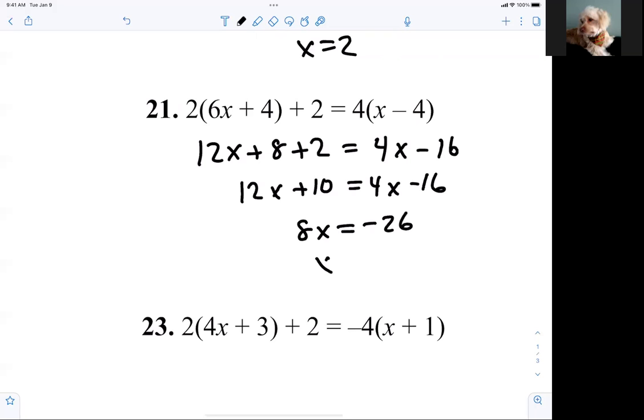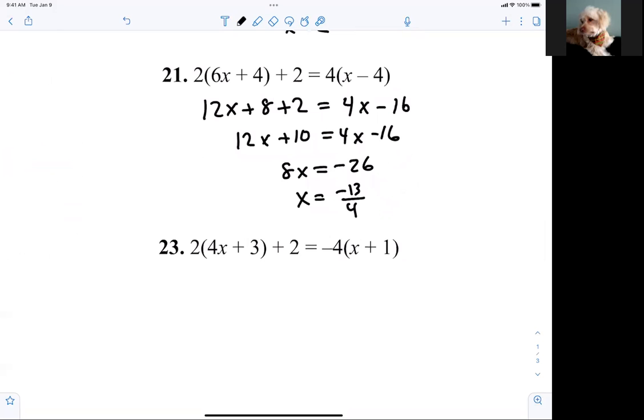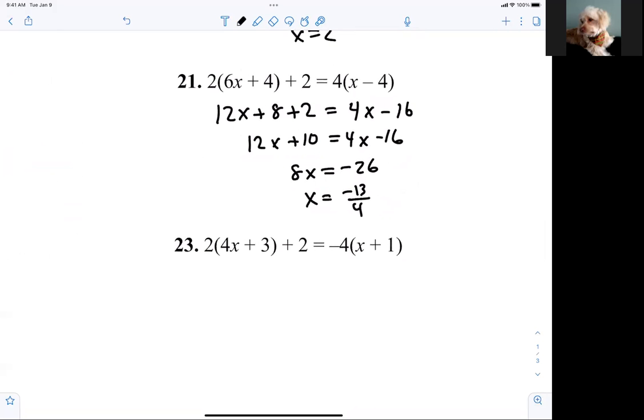And x equals... which reduces to, yeah, 13 over 4. If you can do that in your head, I'm good with that. I knew 26 over 8. They both are divisible by 2, so I just went ahead and divided by 2. All right, that's what I want. Solving the equation, super duper important. So we're getting lots of practice in on that. For 21, I thought you said if something didn't cancel out, you did something wrong. I said if the x squareds don't cancel. Oh, that x.